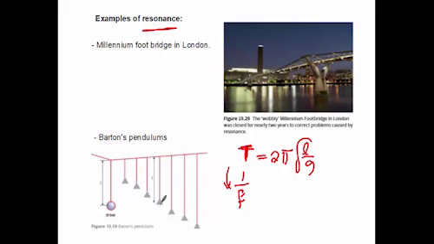So if this pendulum has a certain natural frequency, it will start vibrating with the same frequency as the driver pendulum. This will make this pendulum move with maximum amplitude, and this is because of resonance.